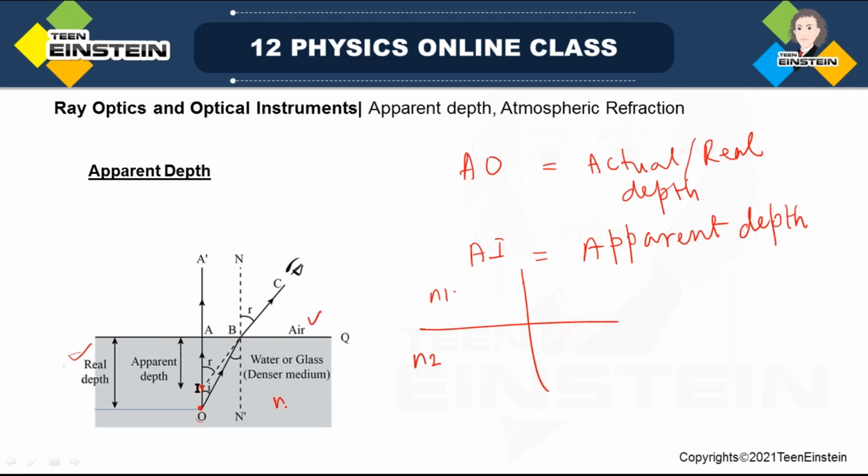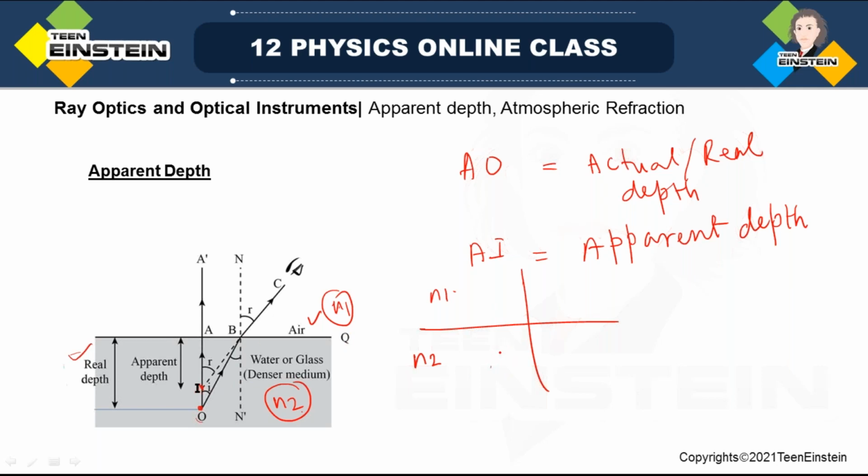The refraction is happening from N2 to N1, so refraction is actually happening from denser medium to rarer medium.